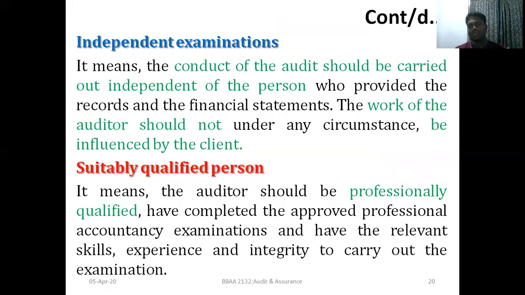Don't think you must write five sentences; we just expect the meaning. For example, the audit should be carried out by an independent person. You can write it in your own way. That indicates that during the audit process, the employees of the company cannot interfere in the auditor's work. The way you understand it, you can write it.